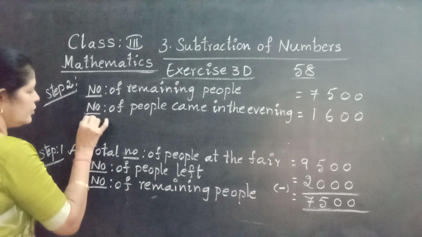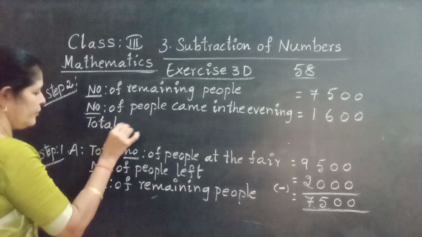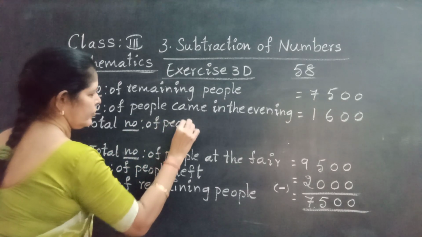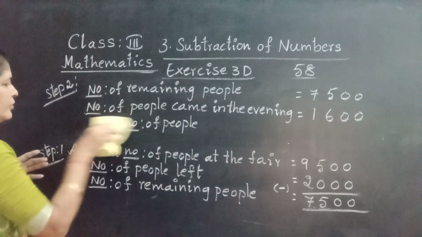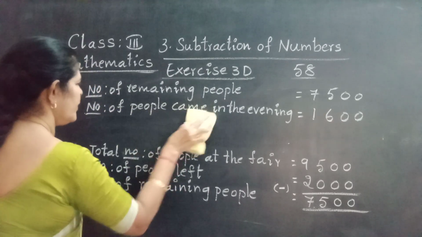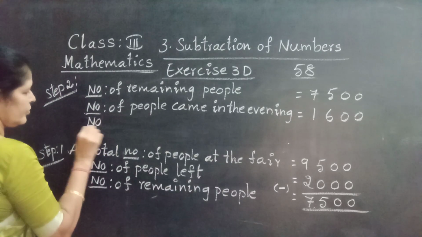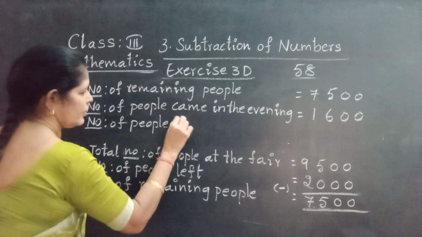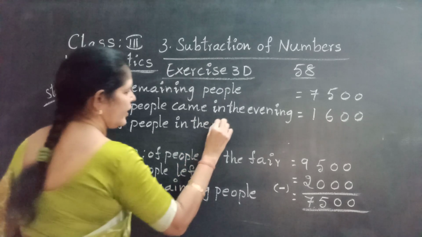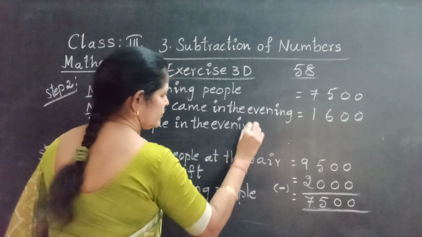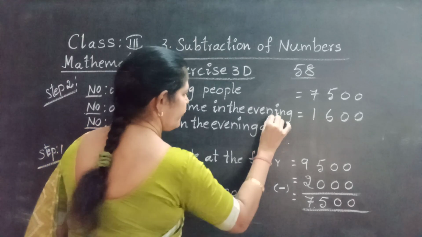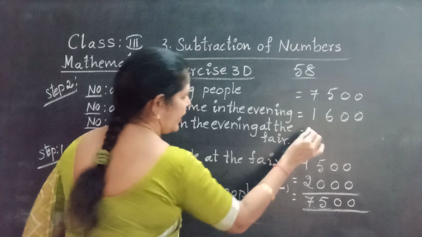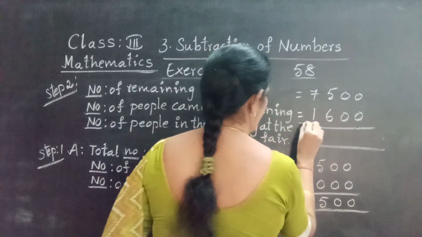Now, the number of people in the evening at the fair. F-A-I-R. Here we use addition.